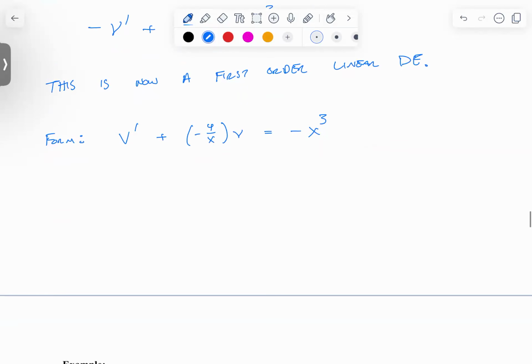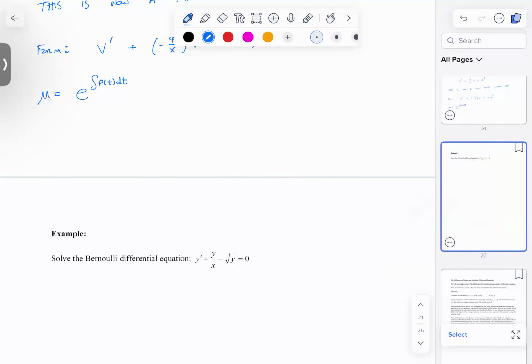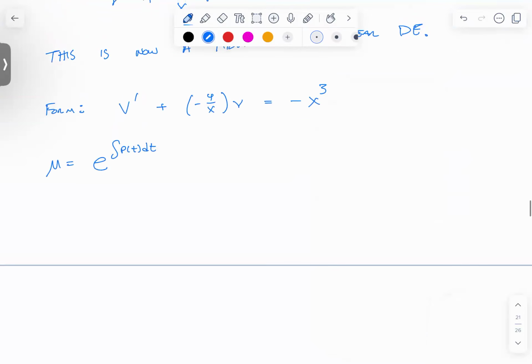And then I can identify the integrating factor with the integral of p(t) dt. And again, the important part is that the negative just has to come with me. Integral of negative 4 is negative 4 ln of x.